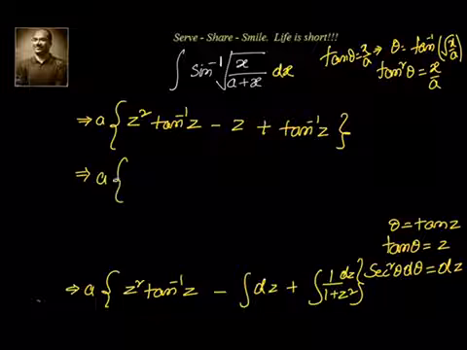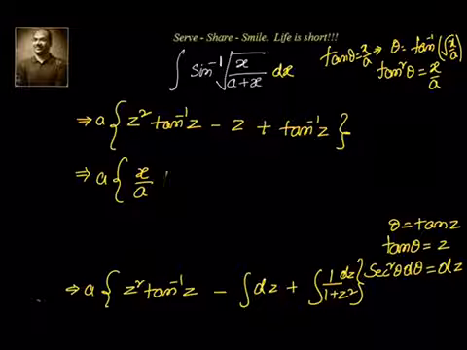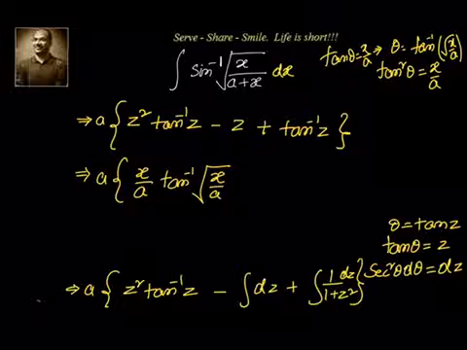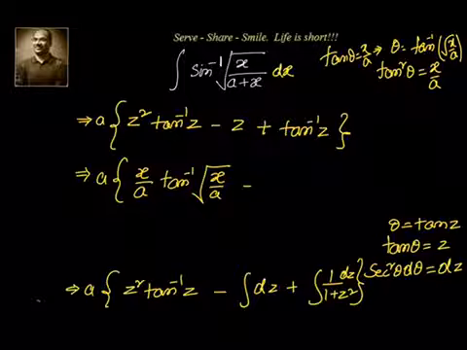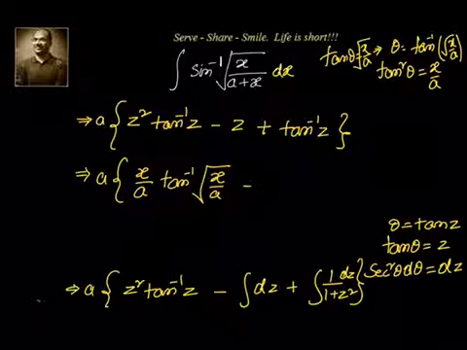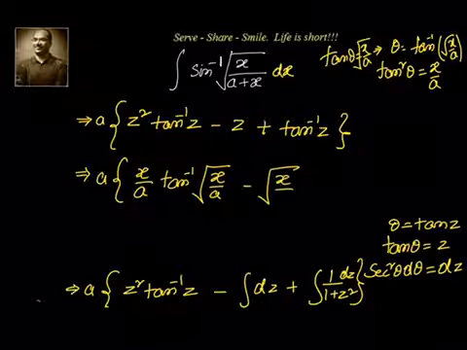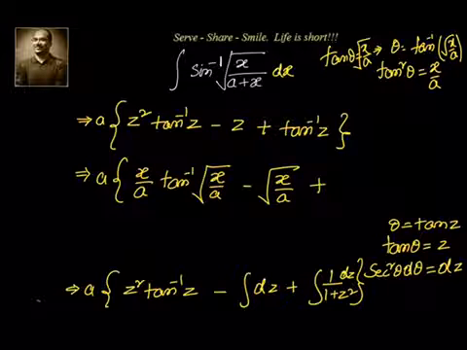So we can write down z square is tan square theta, and tan square theta equal to x by a. So we can write down x by a. Tan inverse z, that is tan inverse of root of x by a, minus z equal to tan theta, but tan theta equal to root of x by a. So we can write down minus root of x by a plus tan inverse z.